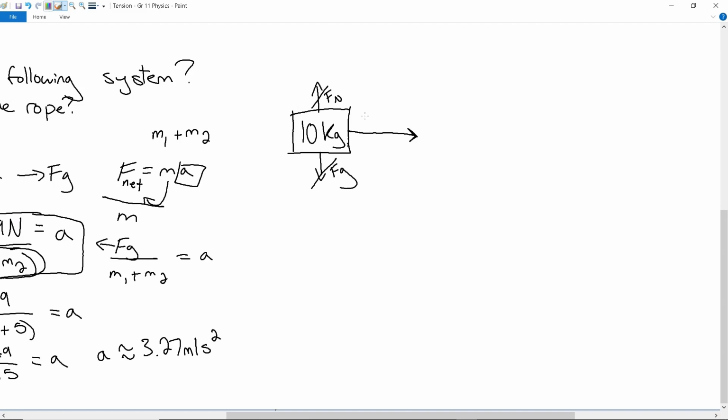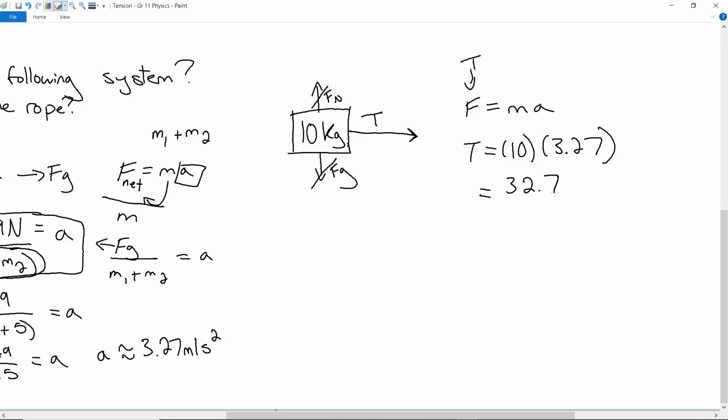So the net force is coming from our tension. So if I just write out F equals ma, F is going to be our tension force. We know mass, which is 10, and we just solved for acceleration. Therefore, the tension in the rope is going to be 32.7 newtons.